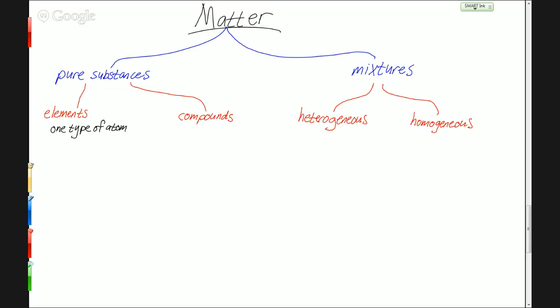How do you think a compound differs then? Two or more types of atoms. And here's an important last part, that these atoms must be chemically bound.